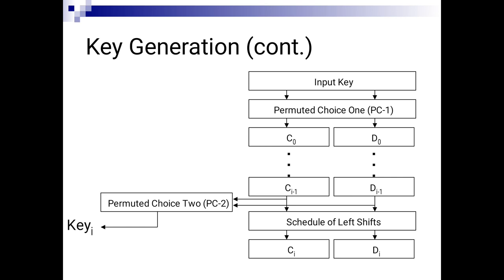DES uses 16 48-bit keys generated from a master 56-bit key. Weak keys make the same subkey be generated in more than one round, reducing cipher complexity, and weak keys can be avoided at the key generation level itself.